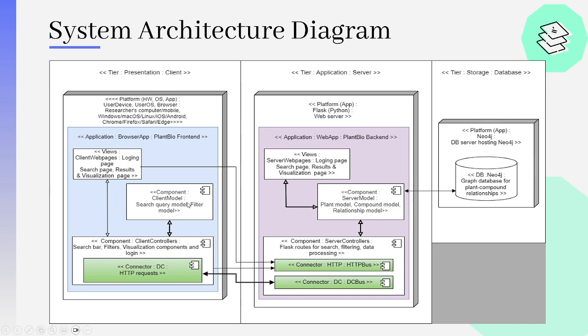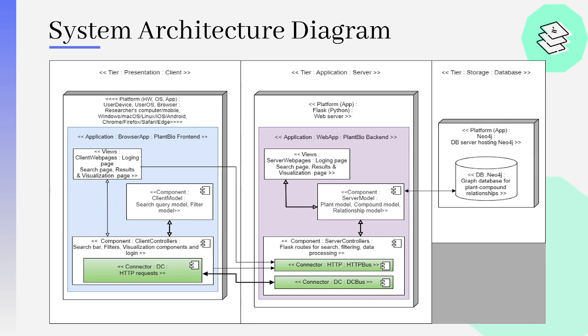So the presentation tier, the first one. This tier serves as our user interface layer. Built using modern front-end technologies, this client application runs across multiple platforms and browsers, supporting Windows, Mac OS, and Linux, and the researchers can access the system through Chrome, Firefox, Safari, or Edge browsers.